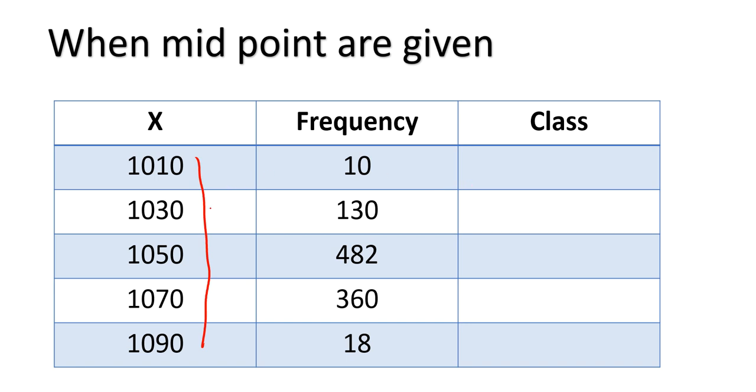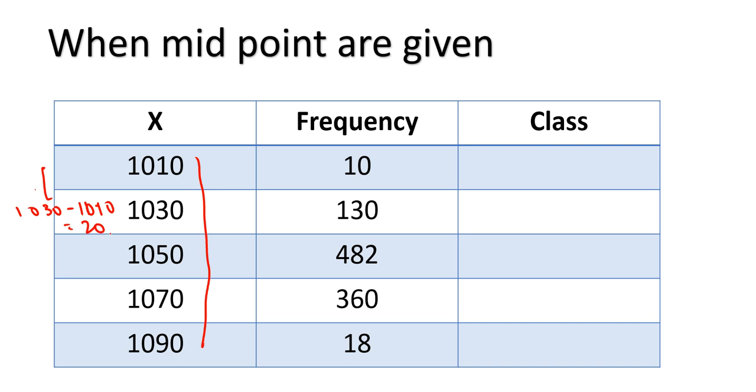We can simply see the gap between the two. That is, we will simply take the difference between the two midpoints, like for these two, it's simply 1030 minus 1010. So it's simply equal to 20.